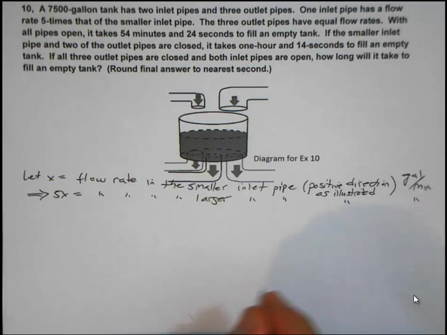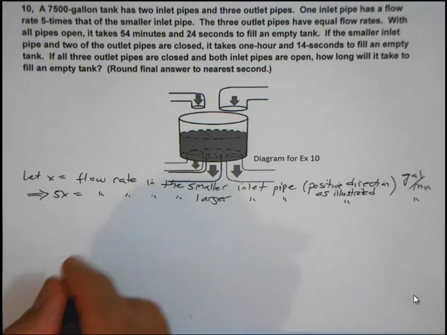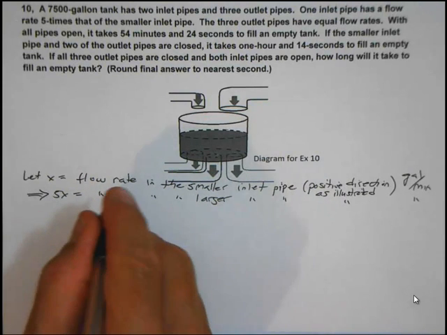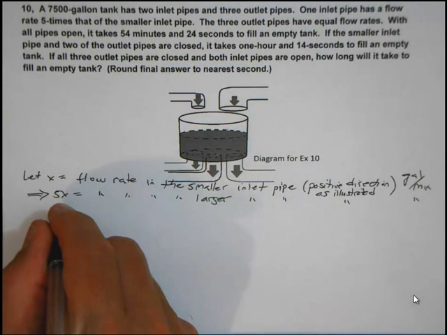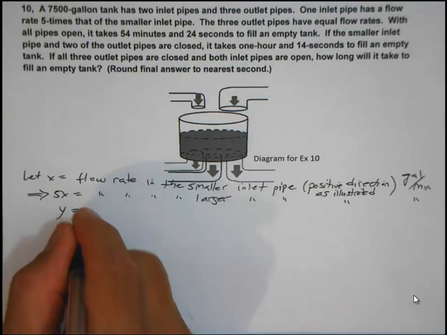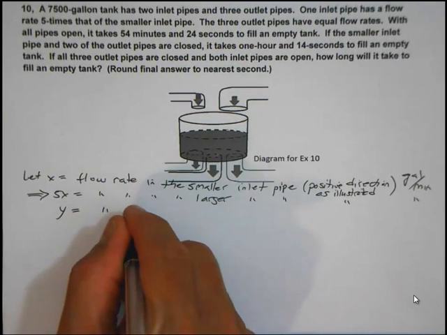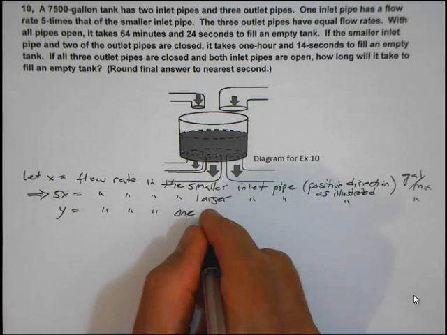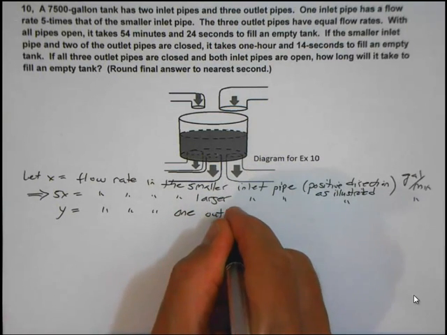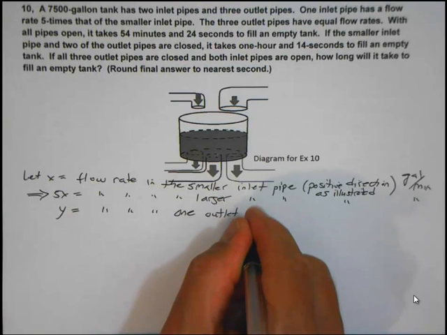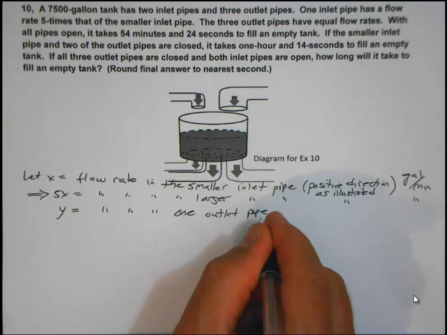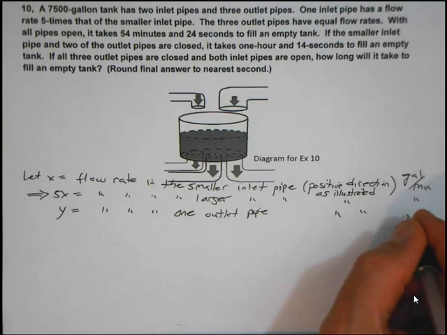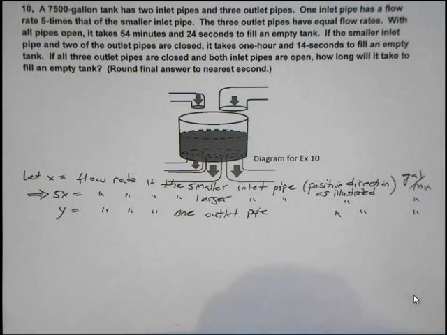Gallons per minute will be the unit there. Okay, and now outlet pipe. They're all the same, so we can let y equal the flow rate in one outlet pipe. Positive direction as illustrated, gallons per minute being the units.